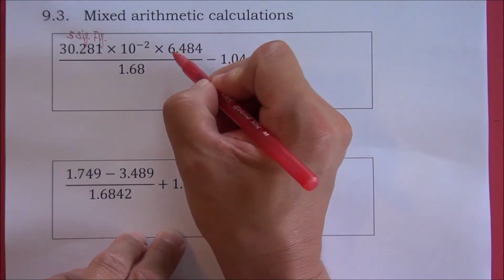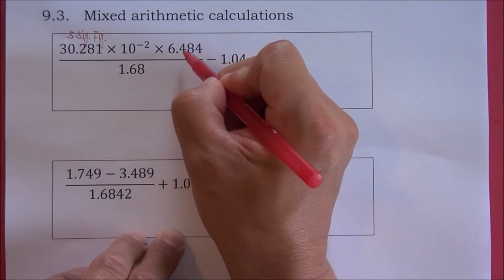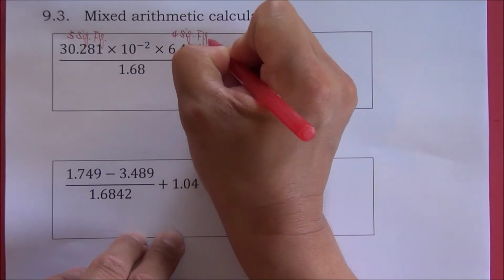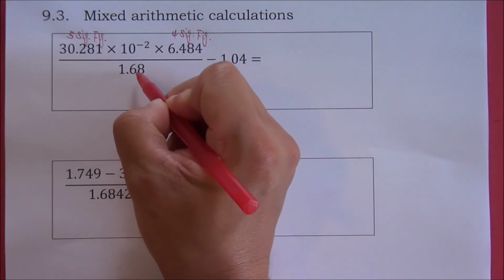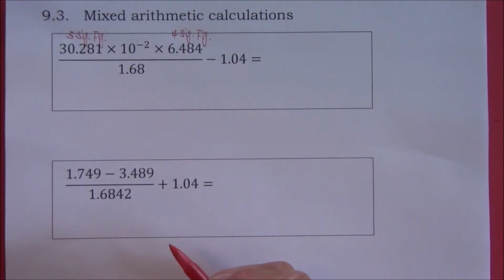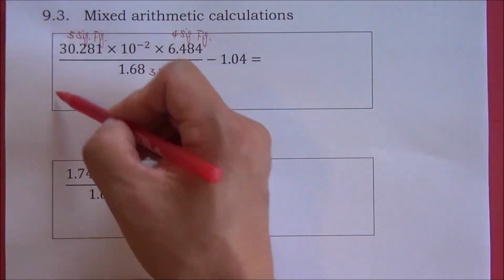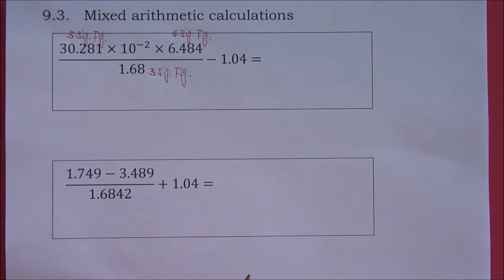Let's look at the next number. 6.484 has 1, 2, 3, 4 significant figures. Let's look at the last number. 1.68 has 1, 2, 3 significant figures. According to the rule, the intermediate answer for this step should have 3 significant figures.